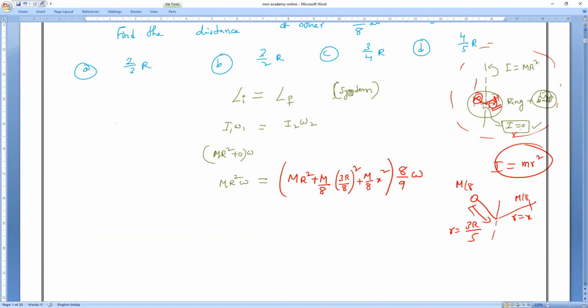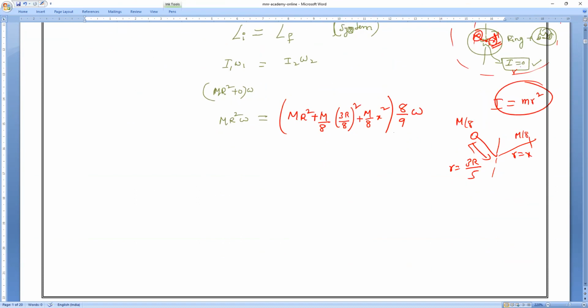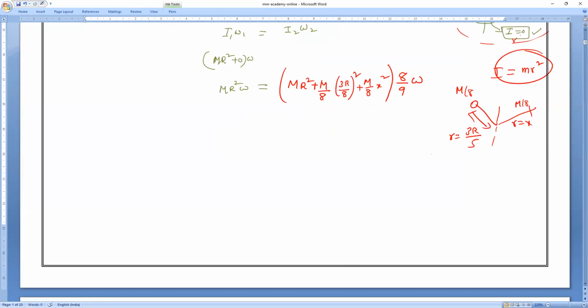Sir, here we should not consider the ball as a sphere, sir. They have given two small masses. Whether they are spheres or whatever is not specified. Their mass and distance only are given. You understand? They are moving radially.